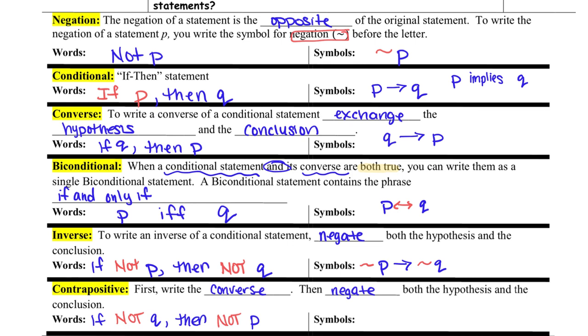So for the symbols, you would negate the Q, then the arrow, then the negation symbol again, and then the P. So in the course, as we practice writing these related conditional statements, you're going to be given just the symbol part, and you're going to need to know what the symbols mean.